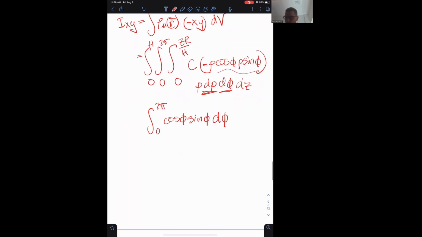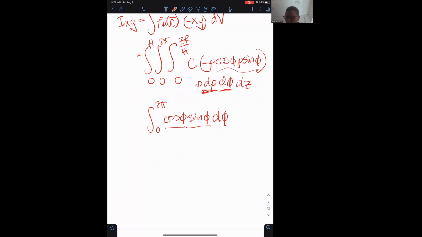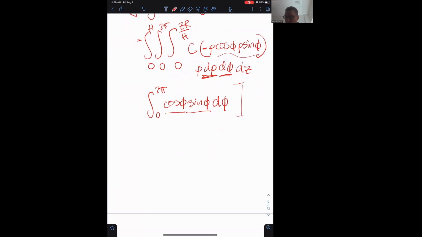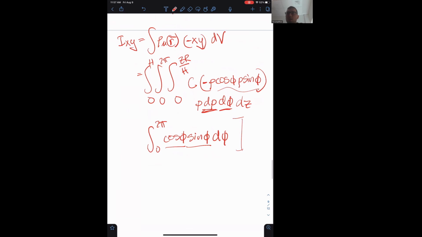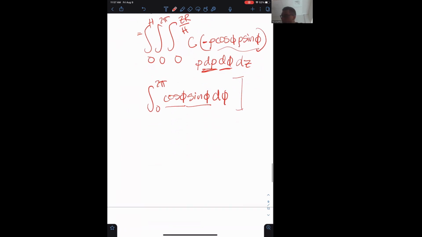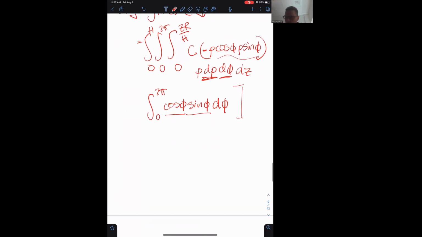Sine is an odd function, cosine is an even function, and we're integrating over an even interval. So the answer to this integral is 0, which is nice because that means we don't have to do any of the other integrals. Let me just write that out really quick.